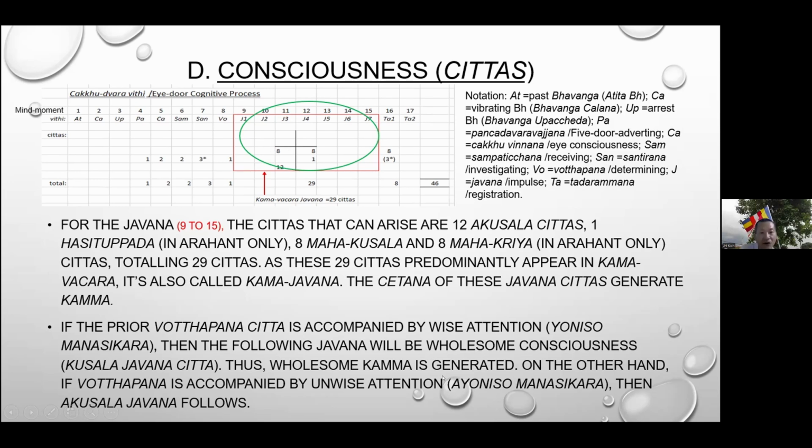Then the wholesome karma is generated. Similarly, on the other hand, if this Votapana citta is accompanied by unwise attention, then this Javana citta will be akusala. That means these 12 akusala cittas follow through. And that's where the unwholesome karma is generated.